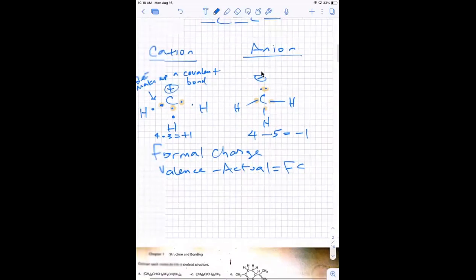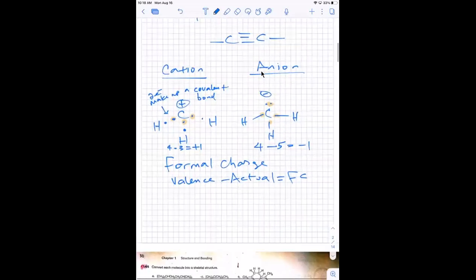Any questions about that? Is that what makes it the minus, the anion, because it has 5, so it becomes... Yes. So it has an extra electron, right? In addition to the 4 valence electrons that it would normally have, it has an extra electron. That's exactly right. And the charge on an electron is negative.